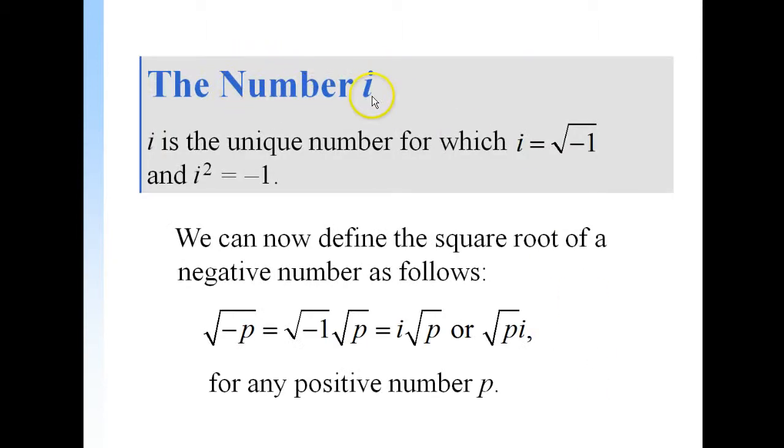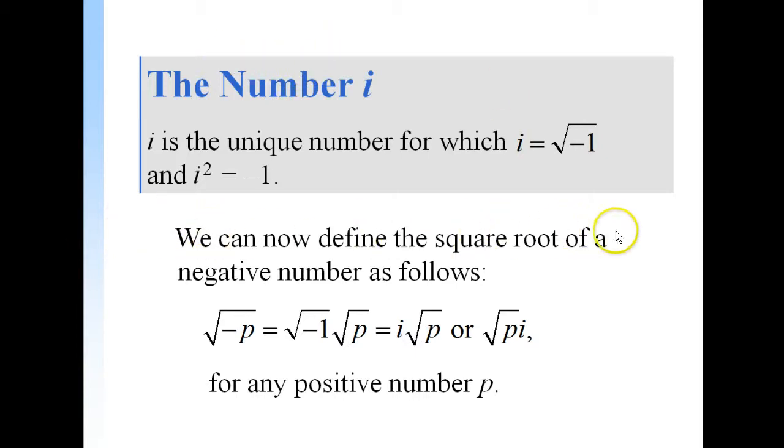So the number i is the unique number which will represent the square root of -1. This is often thought of, when they first developed it, as an imaginary number. But it's just a number that's not a real number. It's a complex number, as we will see.